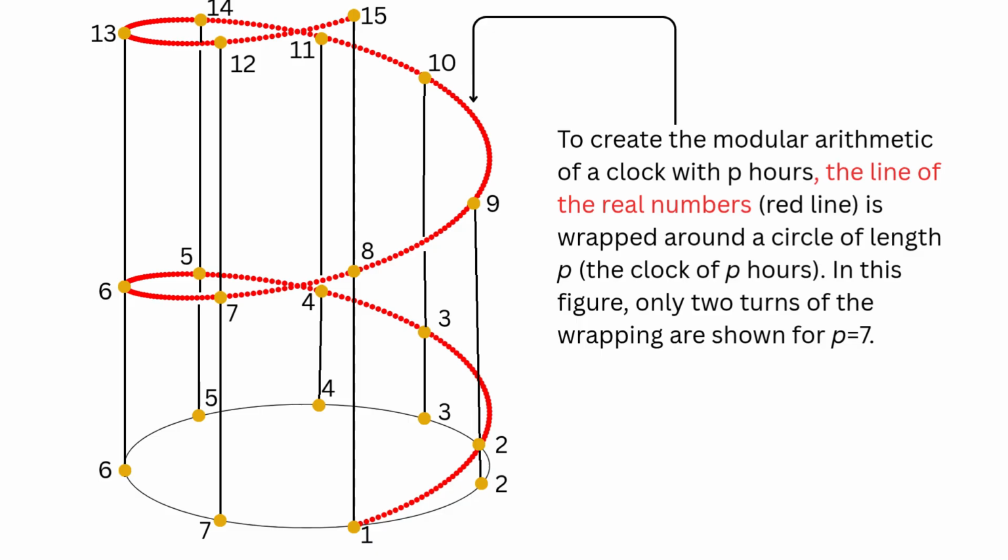It is immediate from what has been presented that, in modular arithmetic, we collapse the set of integers to a finite set of numbers. A visual representation is shown in the figure using p equals 7 as an example. The entire line of real numbers is wrapped an infinite number of times around a circle of length 7. The figure shows only 2 of these turns.